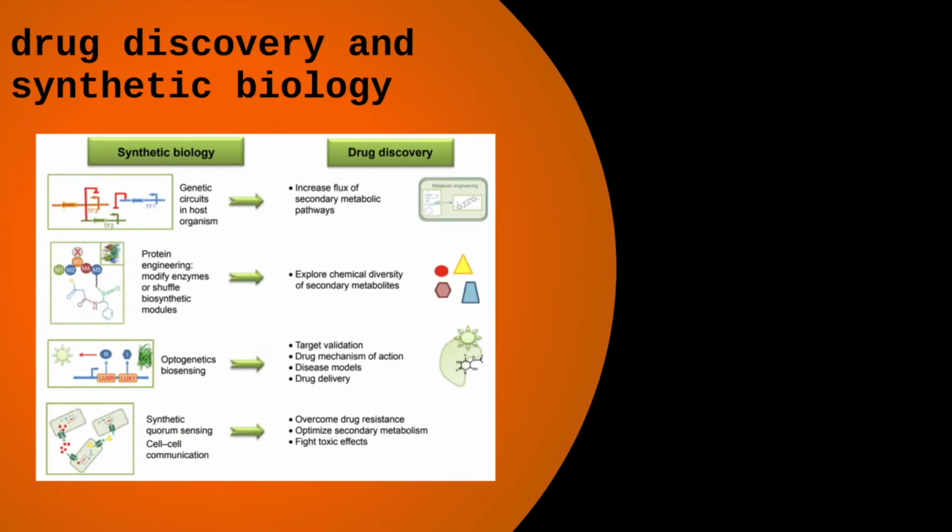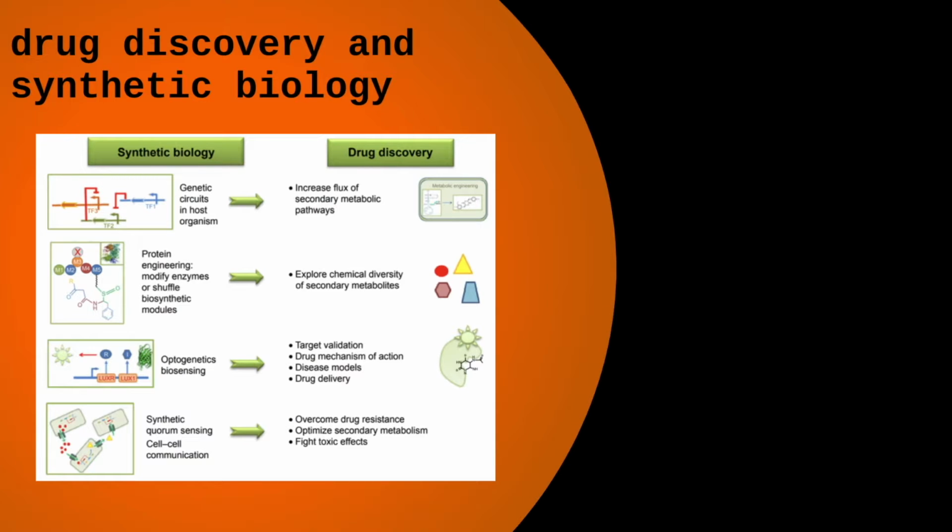We will now see some examples of how synthetic biology principles are used in drug discovery. The development of genetic circuits helps in increasing the signal flux of secondary metabolic pathways. The concepts of protein engineering can be employed to explore the chemical diversity of secondary metabolites.